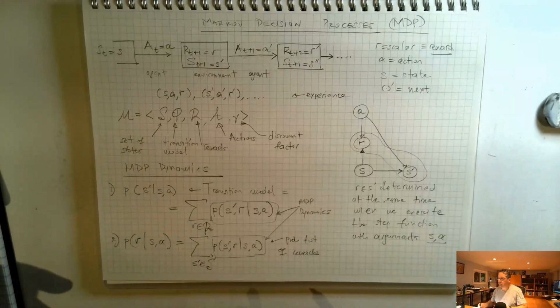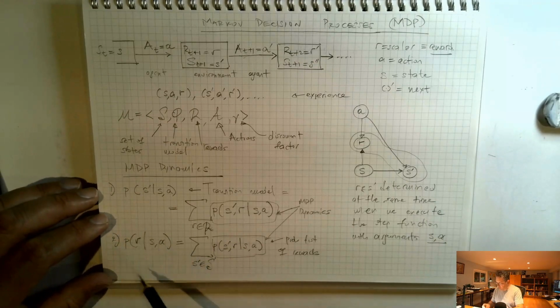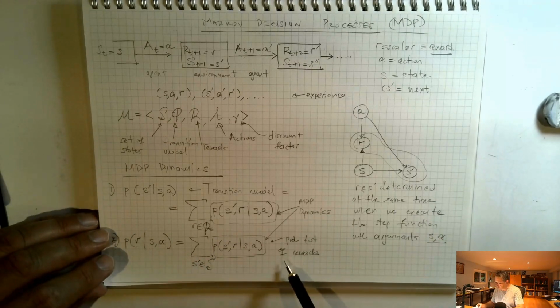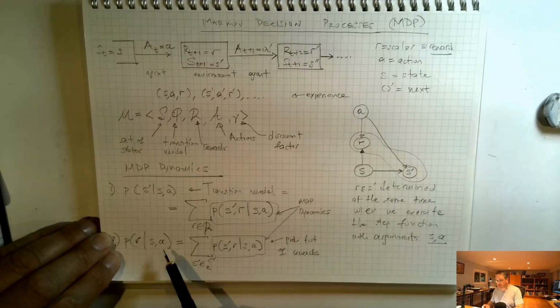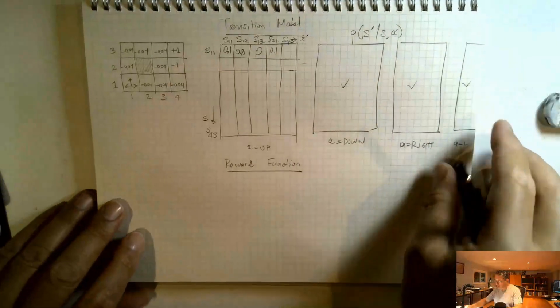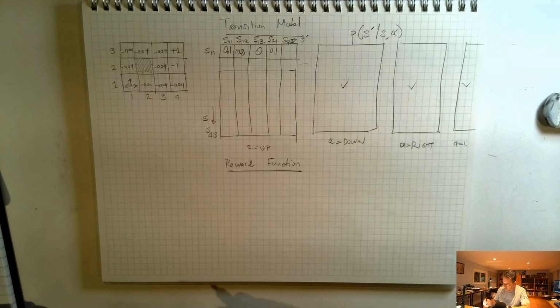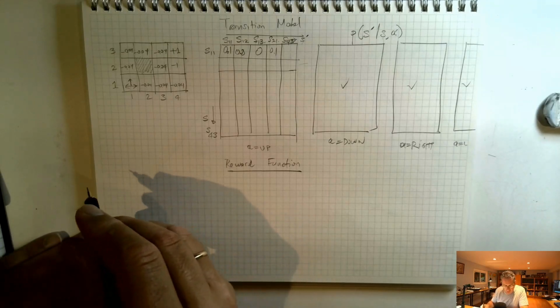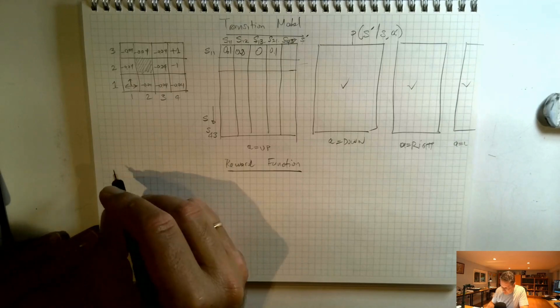We had defined earlier, as part of the MDP dynamics, a second component of the MDP dynamics, which has to do with the probability distribution of rewards, again conditional on the state and the action we have actually taken. And what we will do next is use this probability distribution and more specifically take a statistic out of it, which is the expectation, and we will define what we call an expected reward, also known as a reward function.